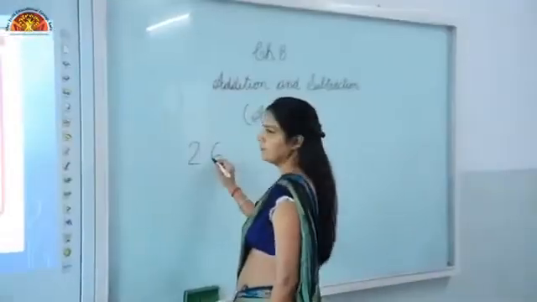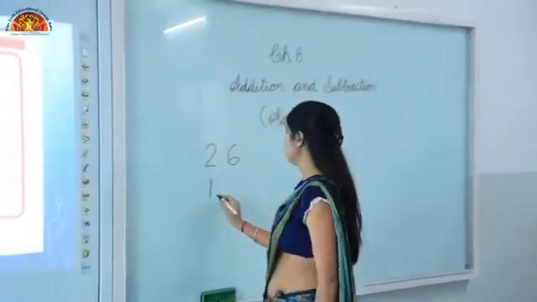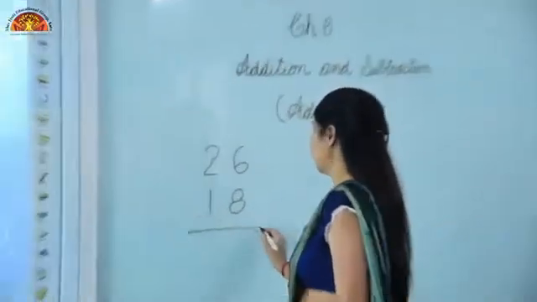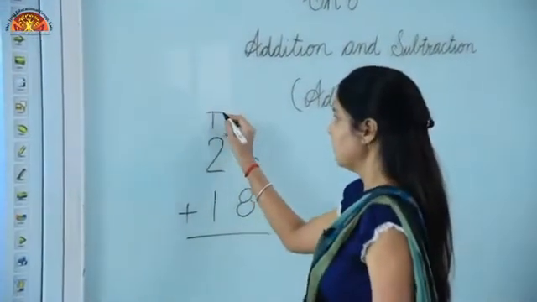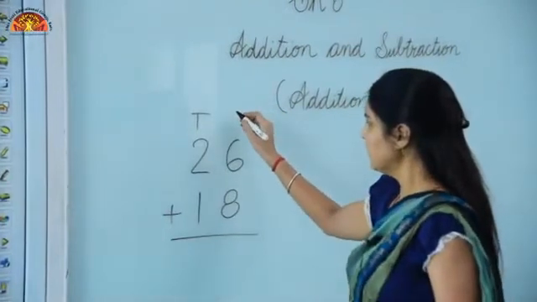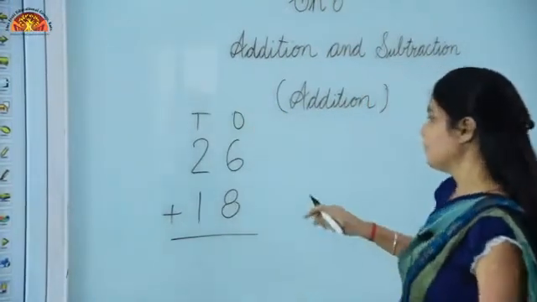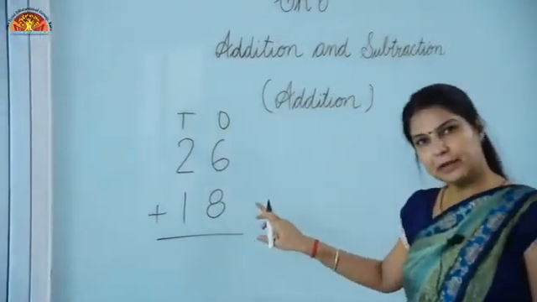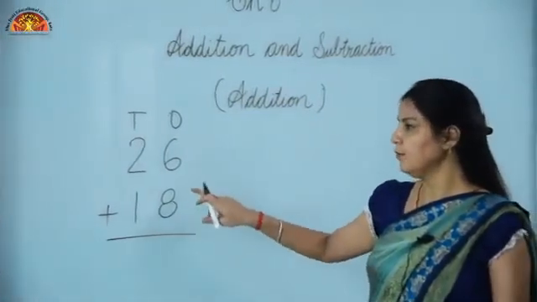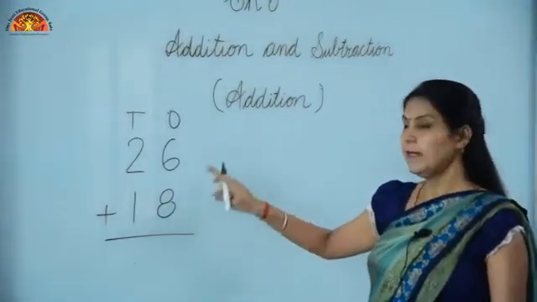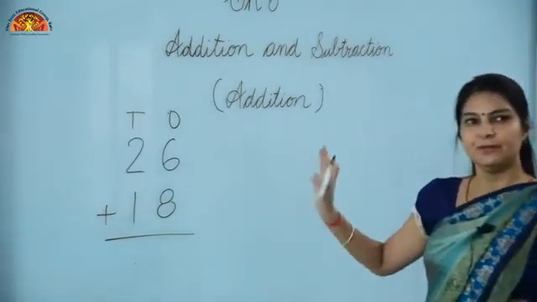Look here. 26 and 18. This number is of tens and this one is ones. So what will we do? We will keep the bigger number in our mind and move forward 6. So 8 plus 6 will be 14.